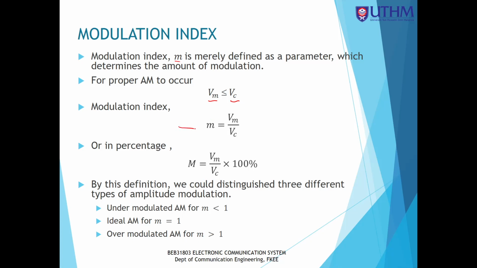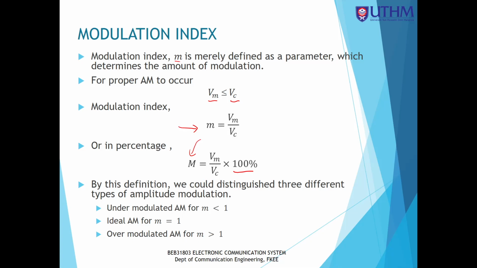We calculate the modulation index M equal to Vm over Vc. It is a unitless parameter. We can also calculate it as a percentage, where we multiply by 100%.